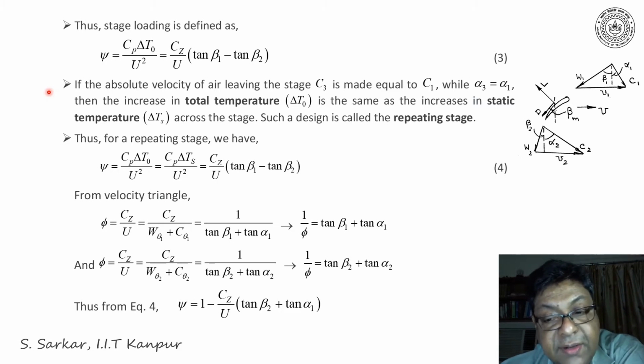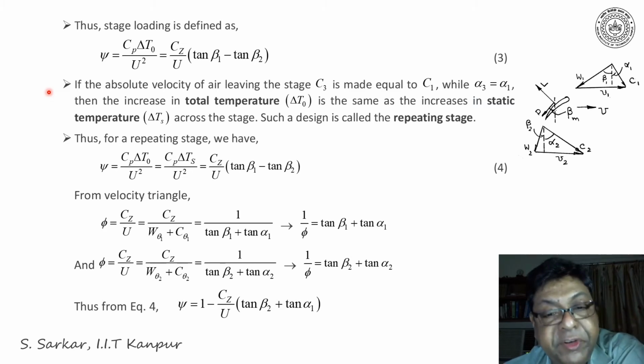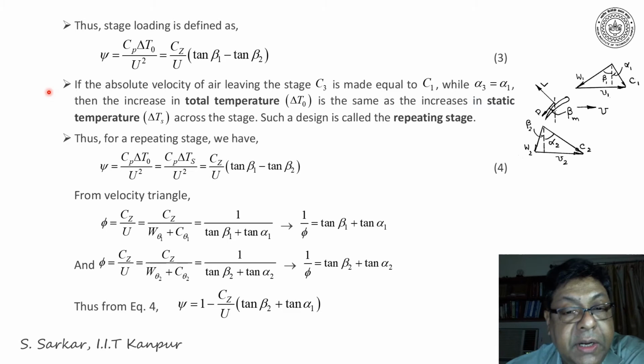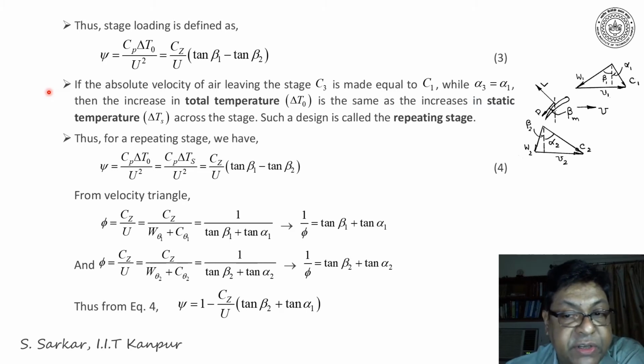Such a design is called the repeating stage. Thus, for a repeating stage, del T0 would be equal to del Ts, where del T0 is the total temperature rise across the stage and del Ts is the static temperature rise across the stage. And again, for the repeating stage, please remember C3 must be equal to C1 and alpha 3 is equal to alpha 1.